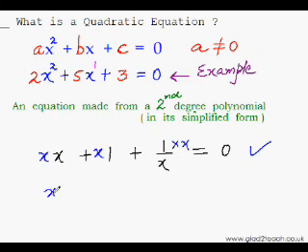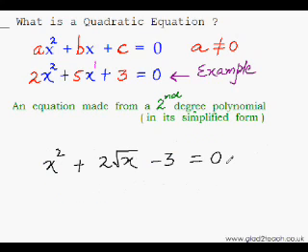So, x times x is x square and plus x and plus this x and this x cancels out, equal to 0. Now, this is surely a quadratic equation. So, quickly tell me, is this a quadratic equation?